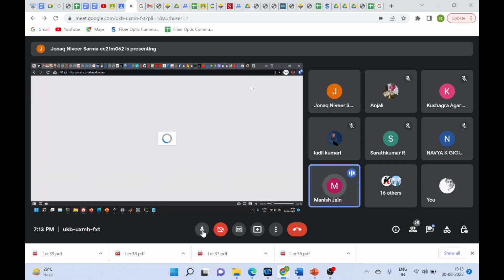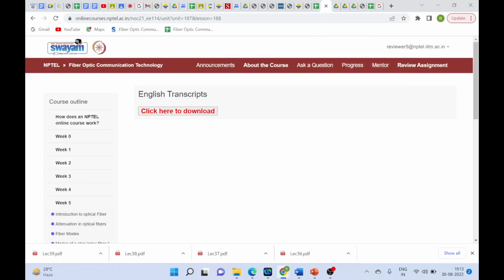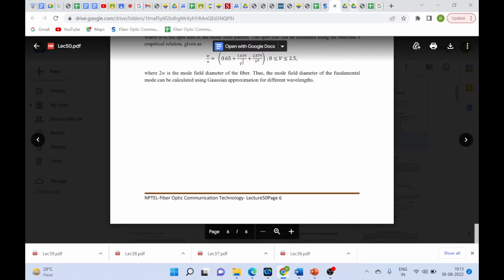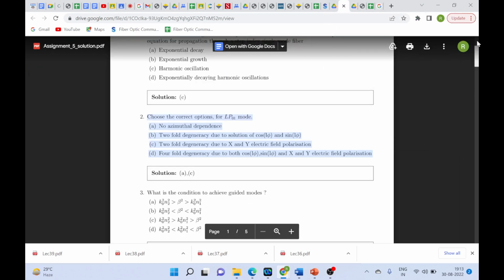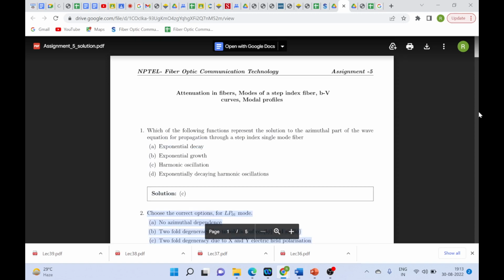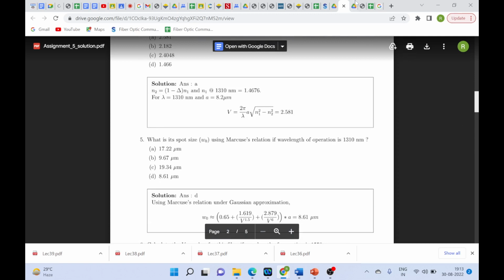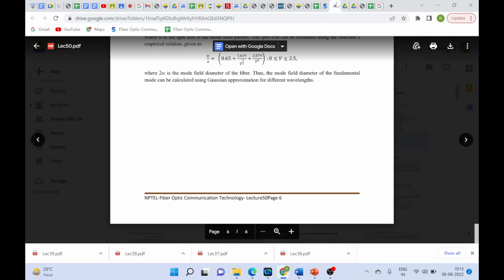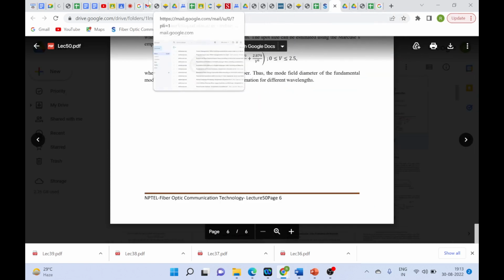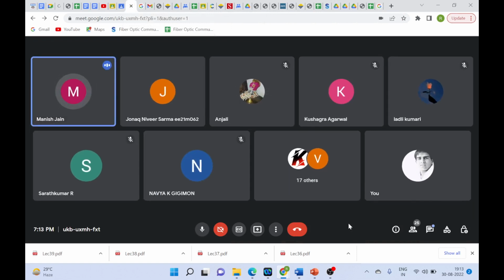I'm not asking for the solution to question number one, but the solution for B is basically N1 and N2, by virtue of which I can find out the numerical aperture of the optical fiber. But as you know, in a single mode fiber, it is mentioned that V should lie between 0 and 2.48. But in option 2, it is asking what is the value of B for V equal to 4.4.